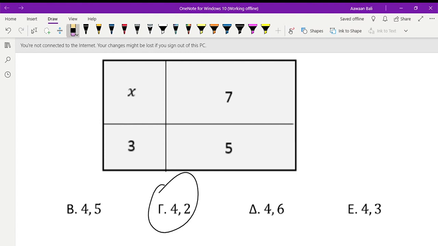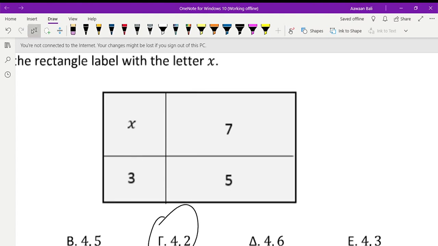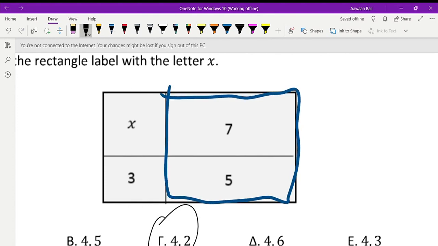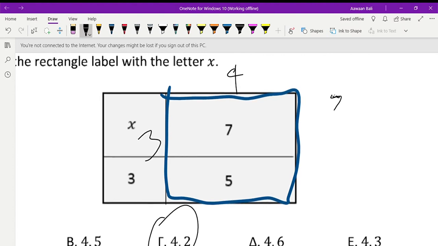Well, let's say that if we add this 7, 5, it's 12. Then it would be easier for us, because this whole thing, we can just say this is 4 and this is 3. That can give us somewhere to start with. Now, 7 divided by 4, basically.